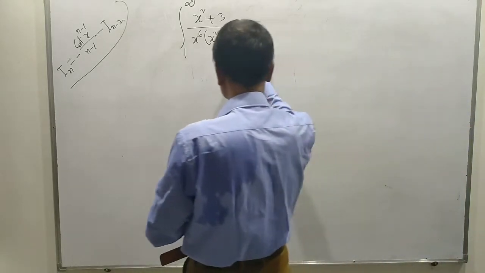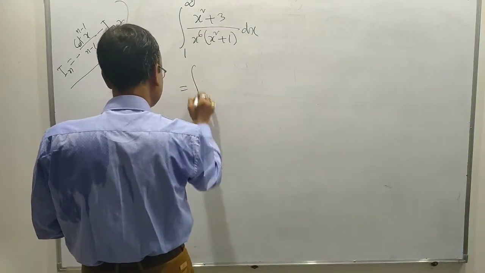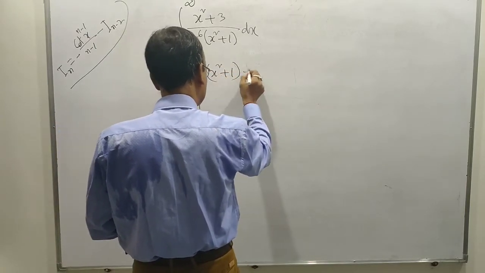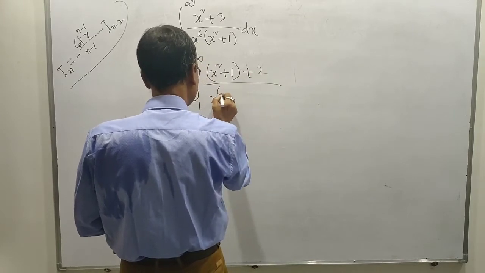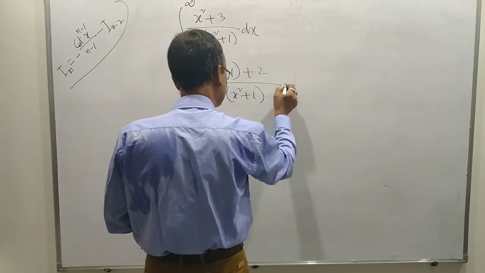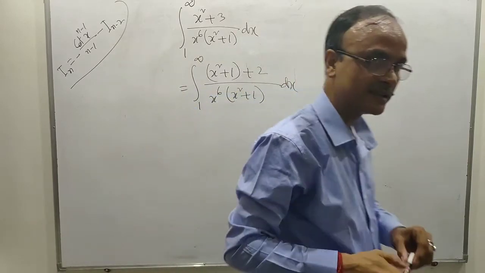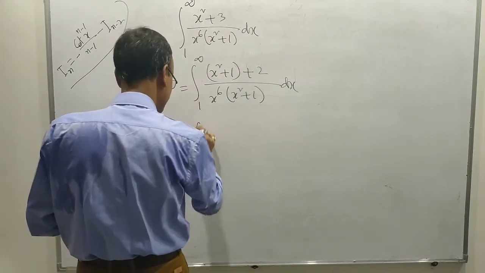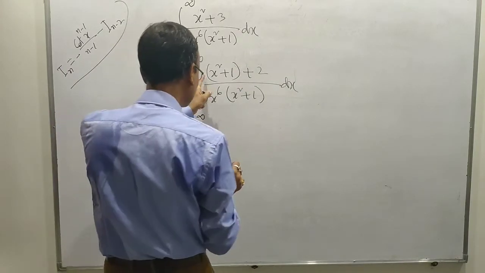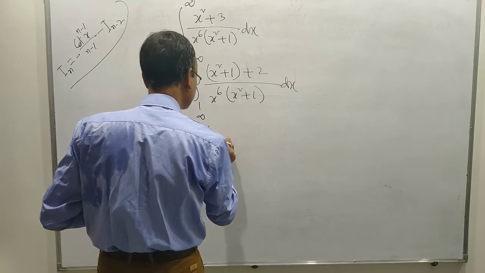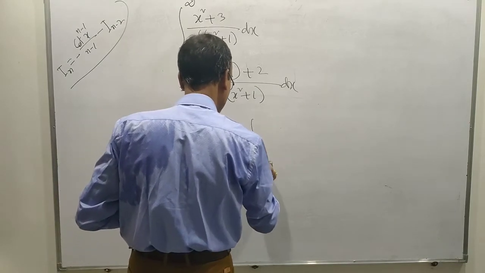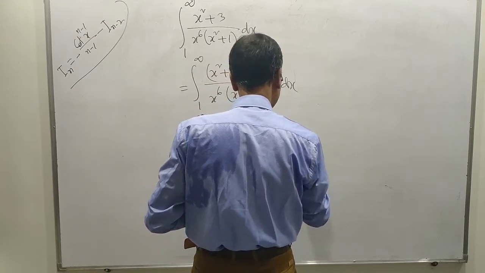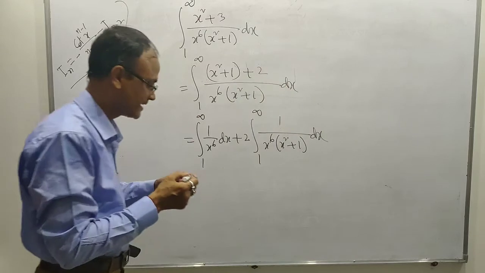This is equal to integration 1 to infinity, which can be written as x square plus 1 plus 2 divided by x to the power 6 into x square plus 1 dx. This is equal to integration 1 to infinity 1 by x to the power 6 dx plus 2 times the integral 1 to infinity 1 by x to the power 6 into x square plus 1 dx.